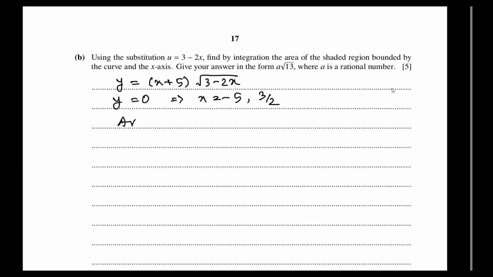Then the area is the integration of y dx, y is that one: x plus 5 times the square root of 3 minus twice x dx, lower limit minus 5, upper limit 3 by 2.